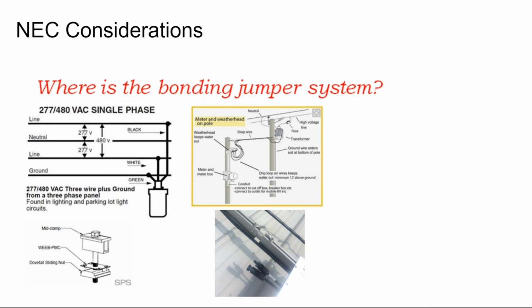Another issue I found that can get ignored when you're doing an off-grid system is grounding. And the reason is, your home does not just have one ground rod. It also has a secondary ground rod. You just don't see it.